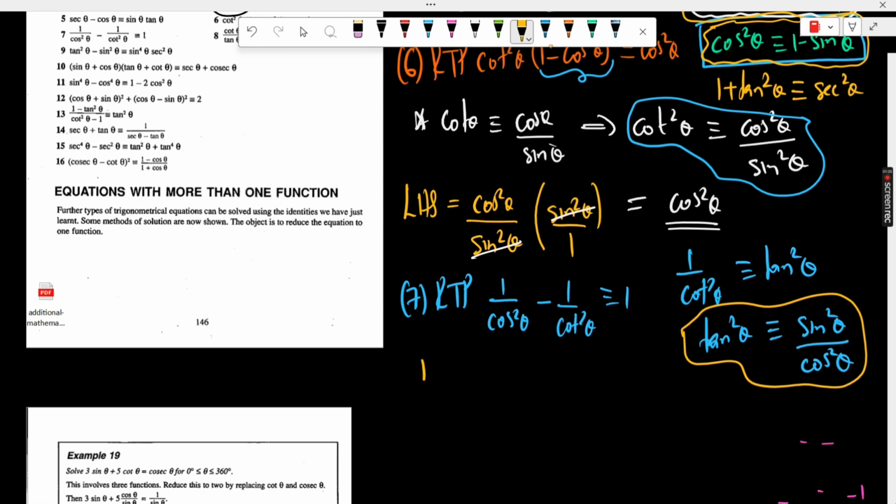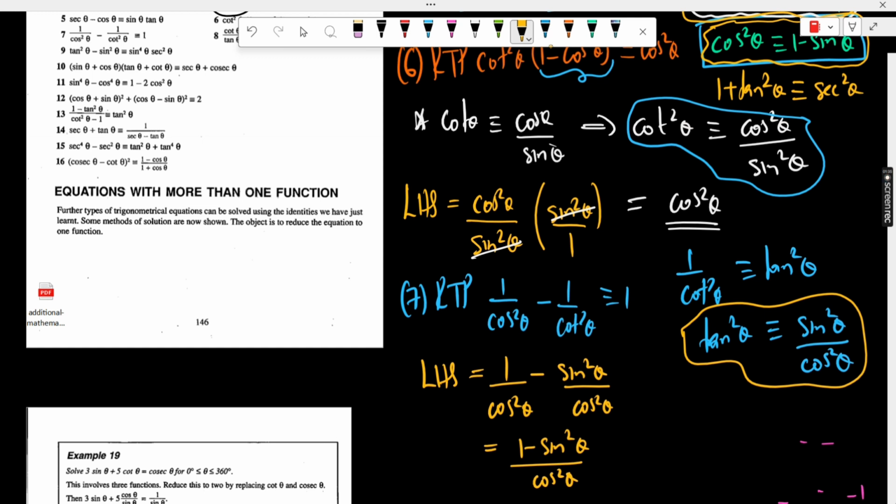So we can therefore say that the left-hand side is equal to 1 over cos squared theta minus sine squared theta over cos squared theta. Here we have two fractions where the denominators are the same, and so we can just subtract the numerators. And so this becomes 1 minus sine squared theta over cos squared theta.